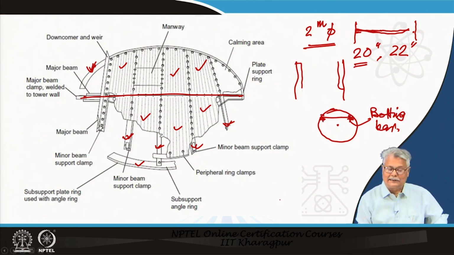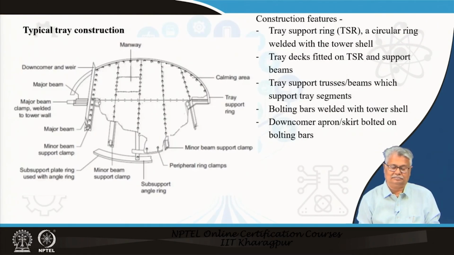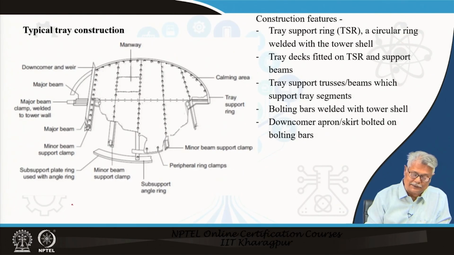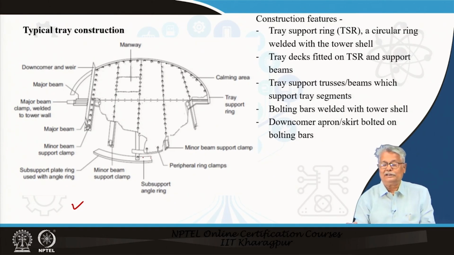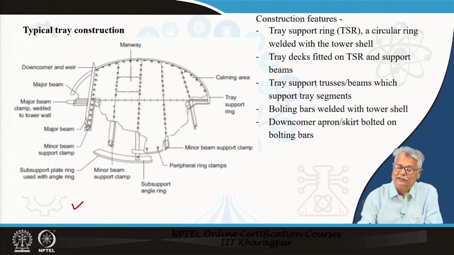Let us look at a little bit further details beyond this. It is the same diagram that you have here. There is nothing else. It only mentions that below the tray support ring, you usually have an angle to provide extra strength. It may be there in some cases, it may not be there in other cases. So, what features have we so far seen regarding construction?